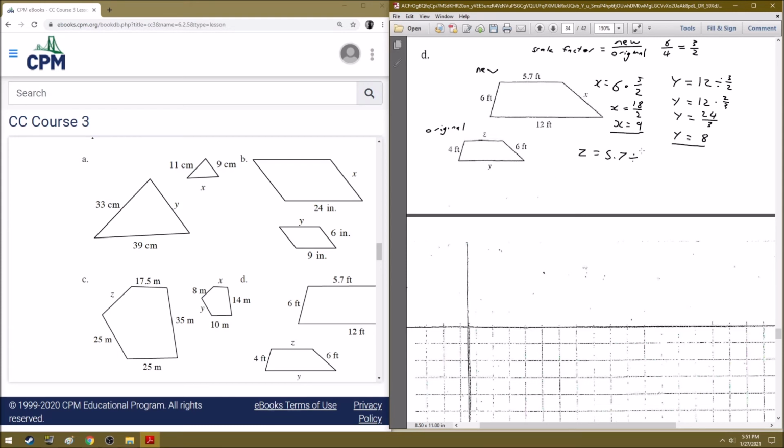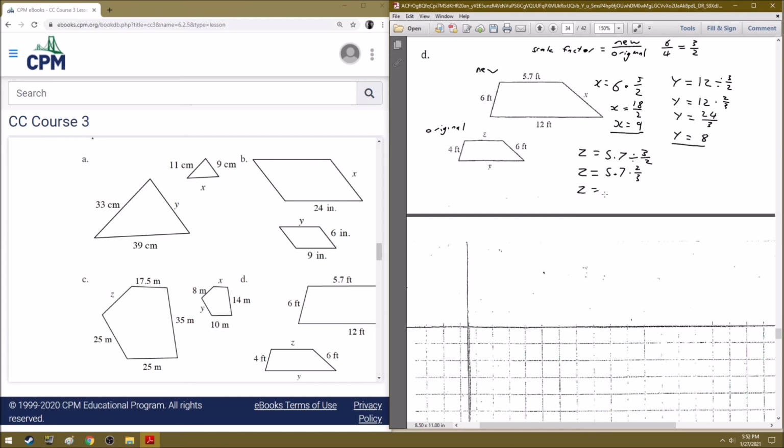So we want to divide by 3/2 to find what it was on the original. To do that, we can, once again, flip the fraction and multiply. So z equals 5.7 multiplied by 2/3. And then we can just do this multiplication.